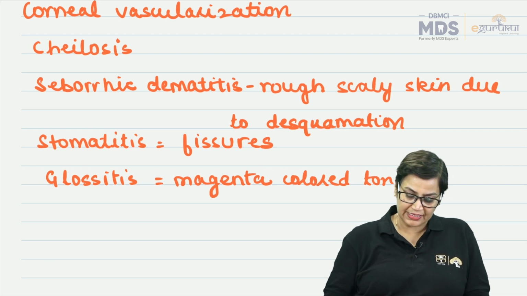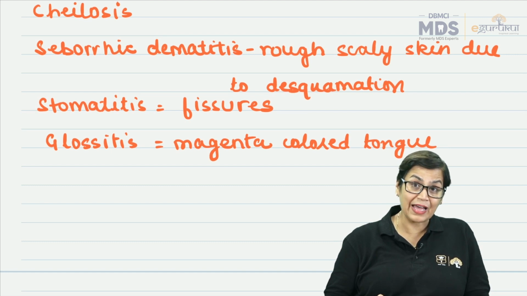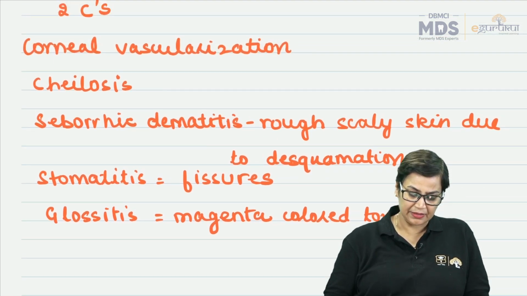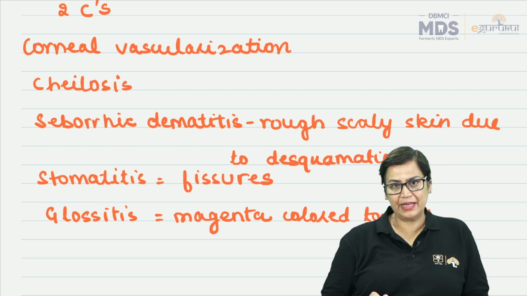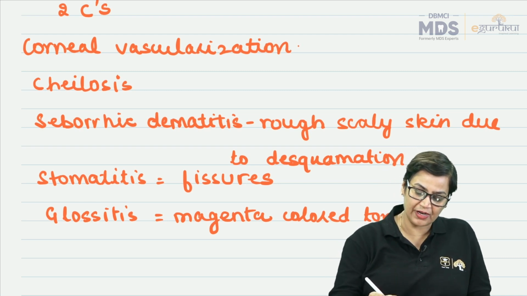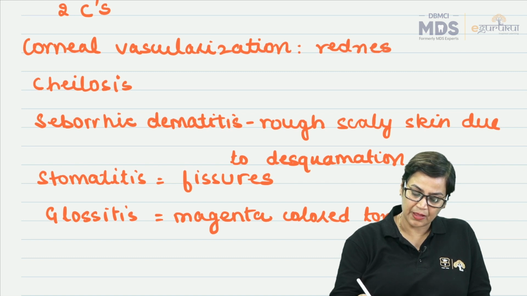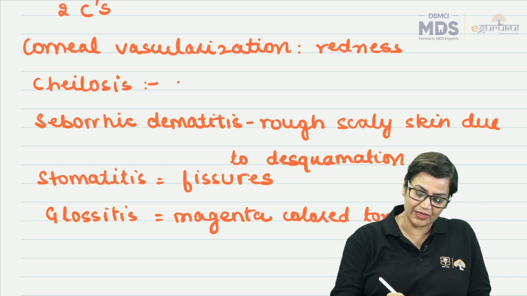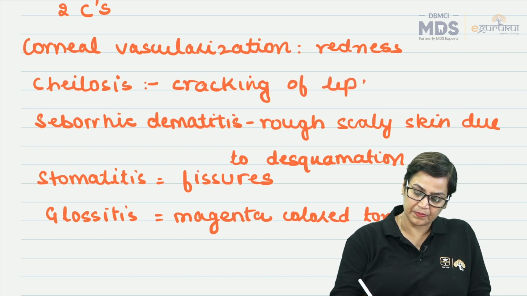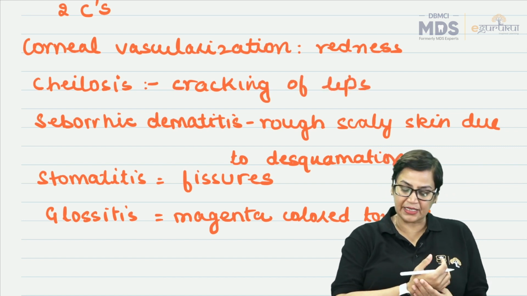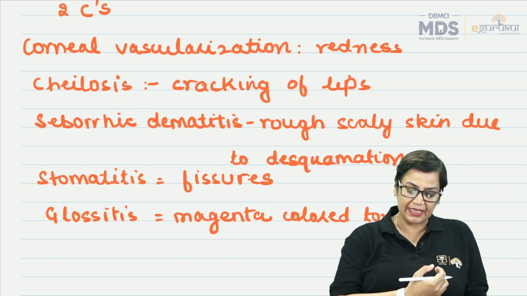Right, so we can say that 5 main deficiency manifestations are there: corneal vascularization, redness on the cornea, cheilosis, cracking of lips, seborrheic dermatitis, rough scaly skin, and then stomatitis.